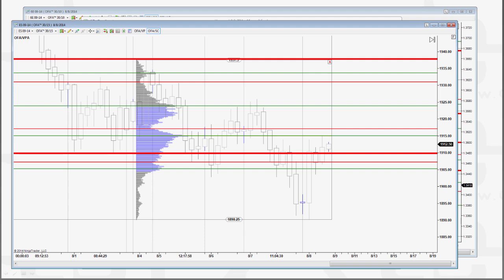But what I want to make sure that you all understand is how to use this in a manner that allows you to effectively trade.